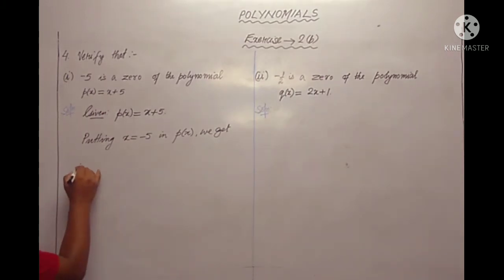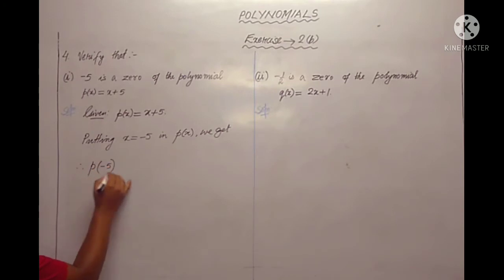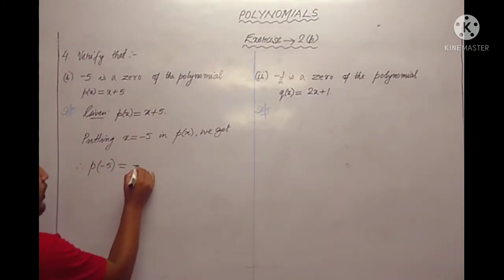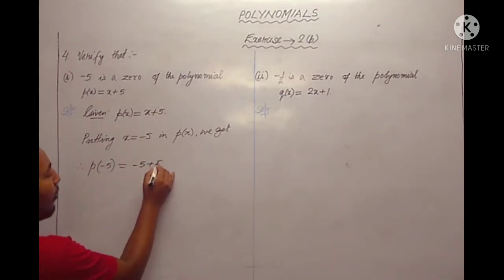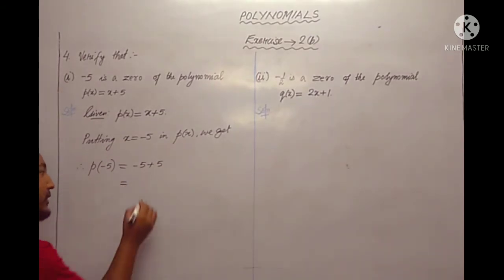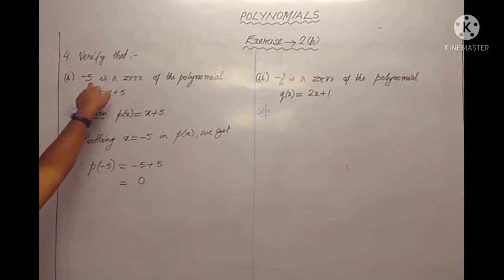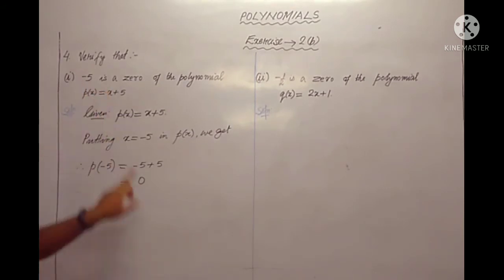We get, therefore, in place of x you put minus 5, so p(minus 5). In place of x you write down minus 5. So minus 5 plus 5, isn't it 0? Yes, it is 0, since on putting minus 5 in place of x, you get 0.